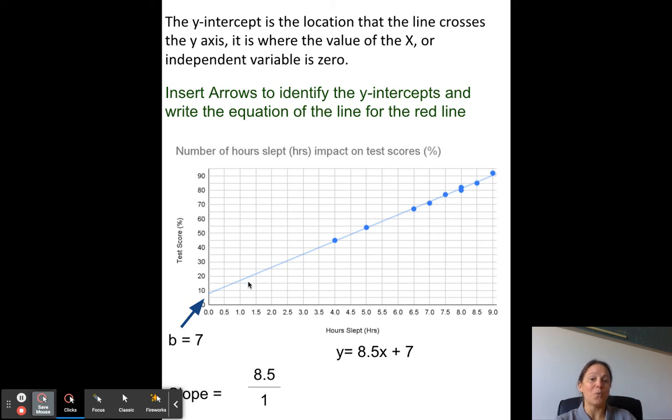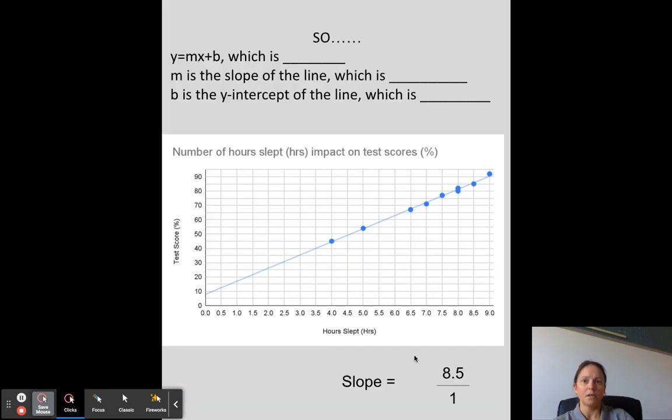But that means our y is then misinterpreted. So again, y is the value of y when x is 0. And so our value here is 7. And so we end up with an equation of the line that says y equals 8.5x plus 7.